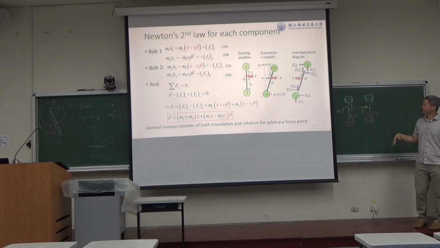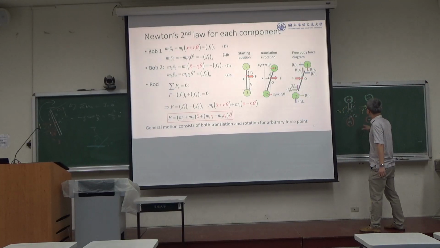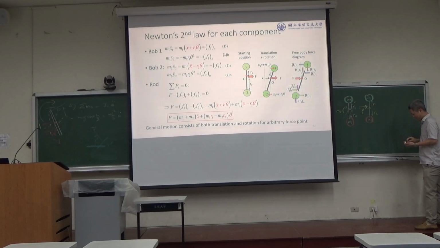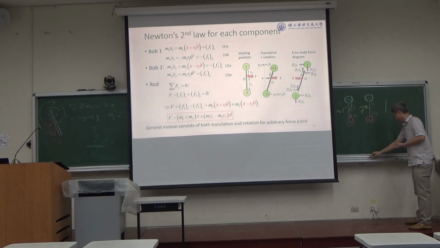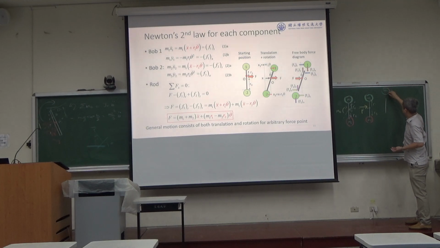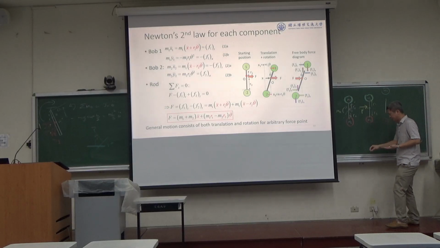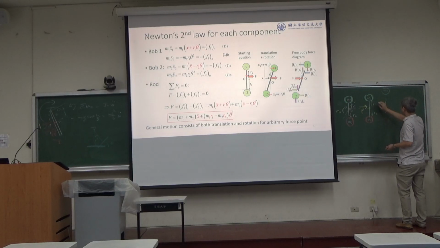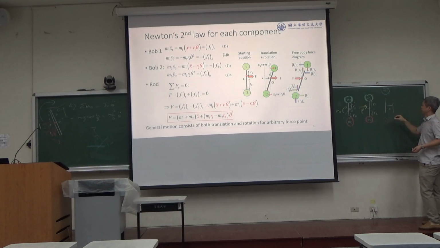So in this case, how do you write the equation? Okay? The first thing I'm going to write is, because of being freed up, M1, M2, if I free up, if you now have the translation, the thing is going to move together by X. And then the rod could have rotation.